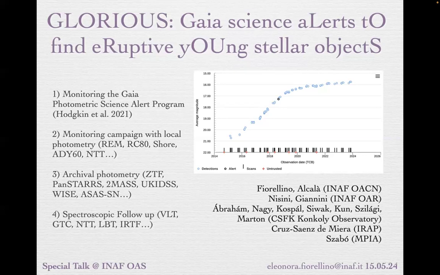And with a glorious international collaboration, we look at the Gaia photometric science alert program. When an object is selected, like this case, where you can see here the black dot, it means that according to Gaia, this is a candidate eruptive young stellar object. We ask for spectroscopic follow-up to confirm or not the eruptive nature of these objects.